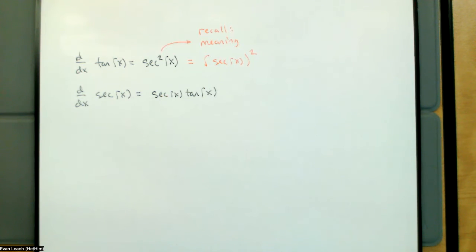But if you find yourself in a formal situation, you want to say, the derivative of tangent x is secant squared x. And if you want to be more formal, the derivative of secant of x is secant of x times tangent of x. Then if you want to be extraordinarily formal and pedantic, you'd be like, are you sure that's what you mean?